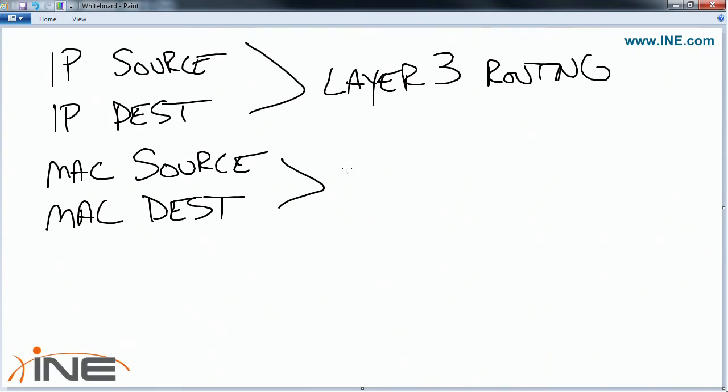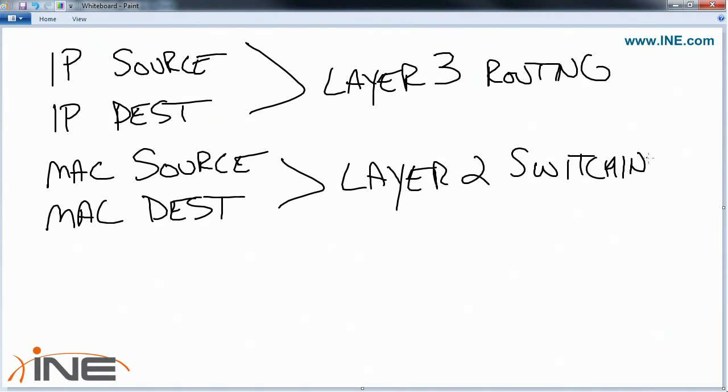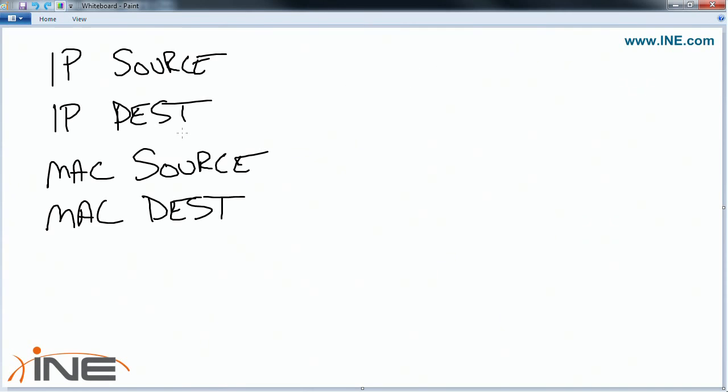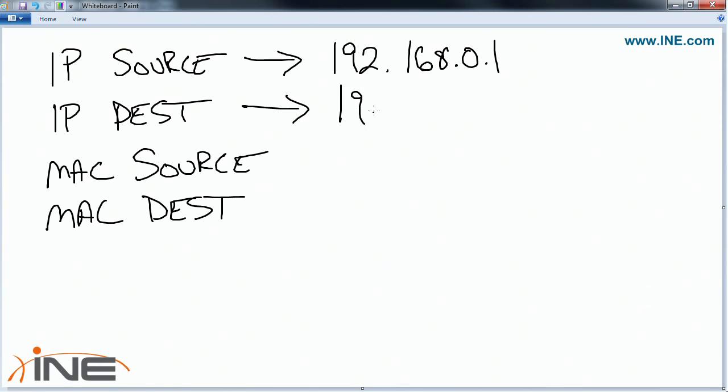But the switch is making its decision based on these addresses, the layer 2 switching procedure, the layer 2 MAC addresses. But when router 1 actually builds this frame, it's going to set the layer 3 IP address source to its own address. So it says the source address is 192.168.0.1. The destination address is whoever we're trying to reach. So in the case of the Windows machine here, it's 192.168.0.100.